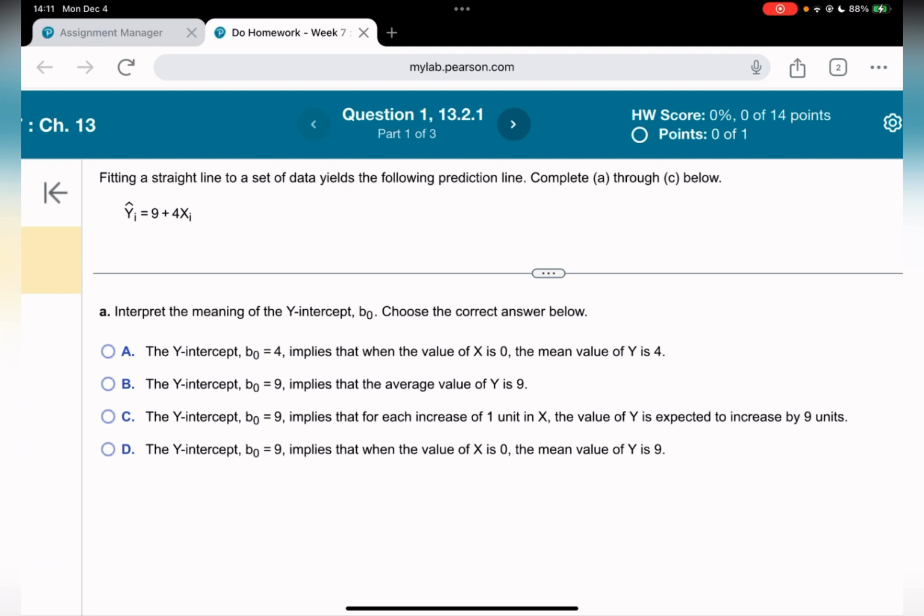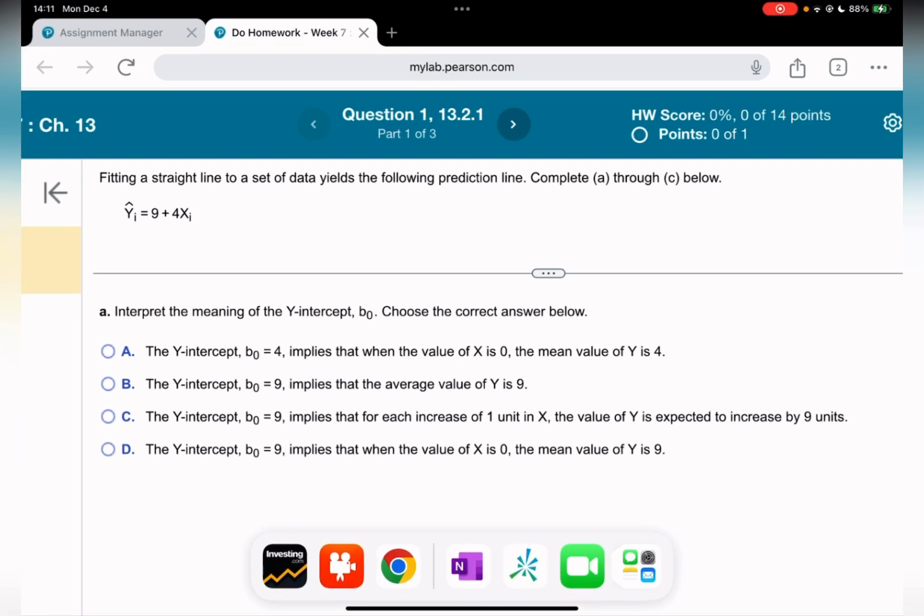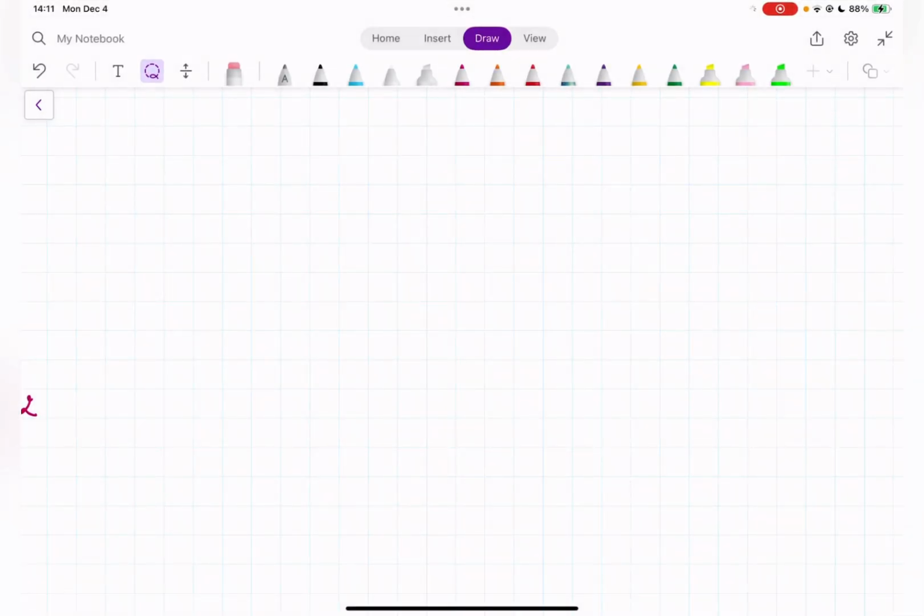First of all, let me write down that y hat is equal to b0 plus b1x. That's the regular formula of prediction.